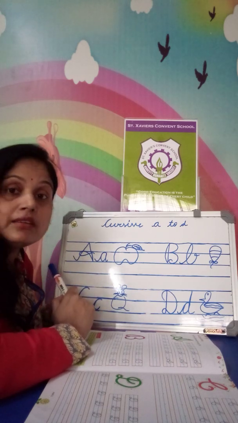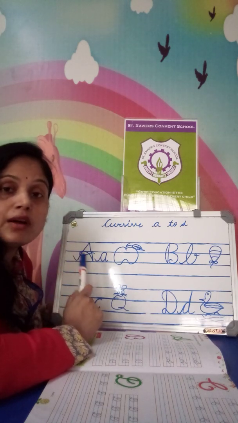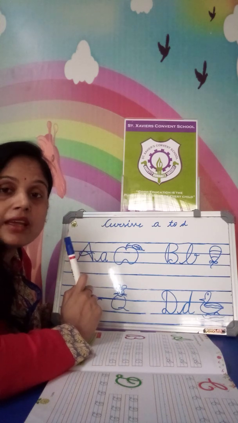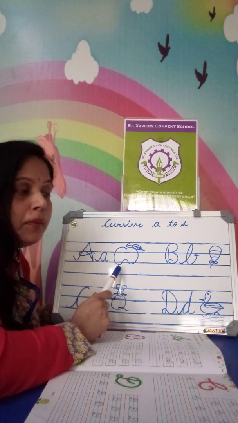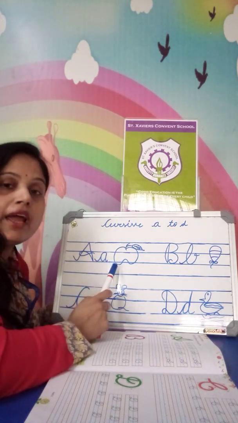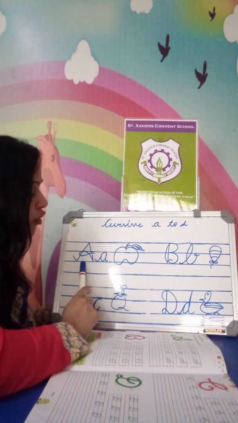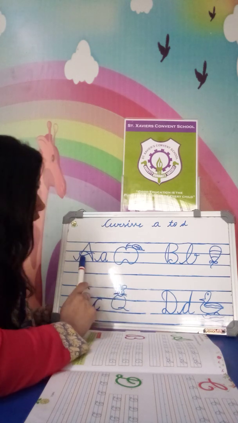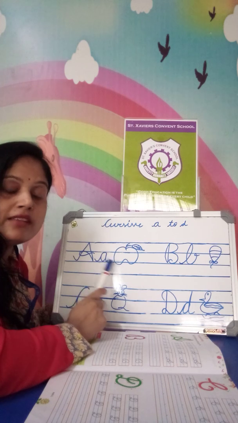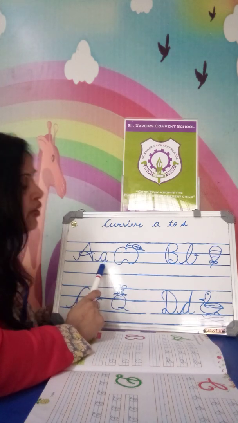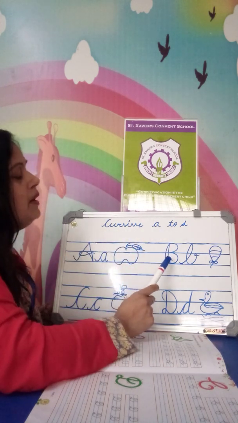What is the A sound? A sounds are A, like apple. A for apple. A for aeroplane. A for angel. A for alligator. Yes. So A sounds A. Okay. Next letter B.